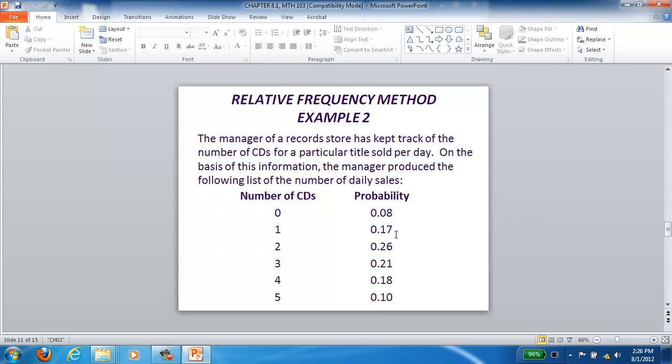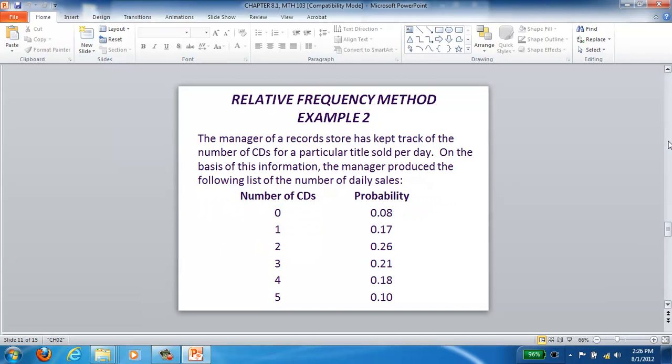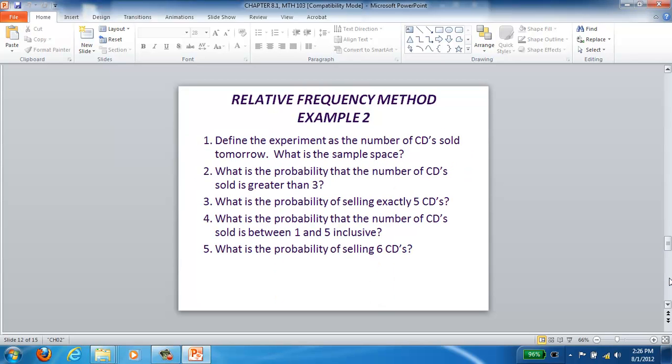The sample space goes from 0 to 5. What is the probability that the number of CDs sold is greater than 3? Greater than 3 means 4 and 5. As you can see, 18% for 4 and 10% for 5, so you add the two of them. The correct answer is 28% or 0.28.